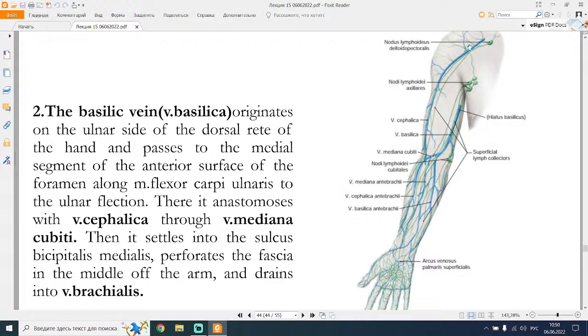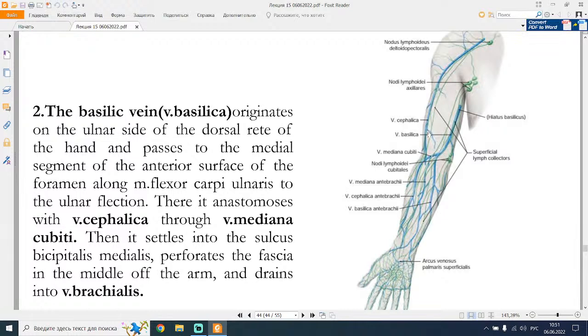Vena basilica originates on the ulnar side of the dorsal rete of the hand and passes to the medial segment of the anterior surface of the forearm along musculus flexor carpi ulnaris to the ulnar flexion.